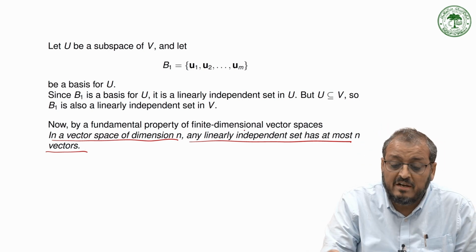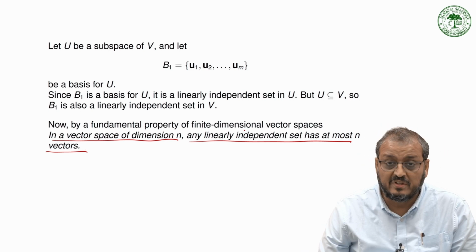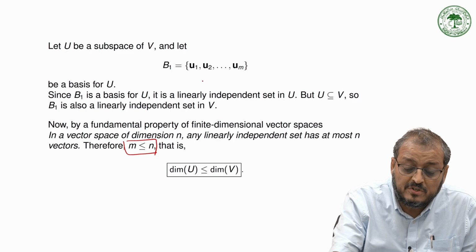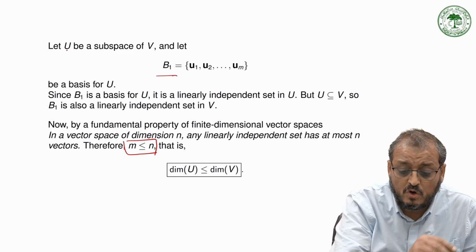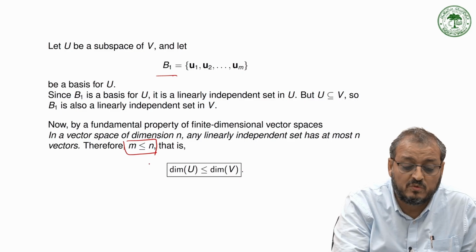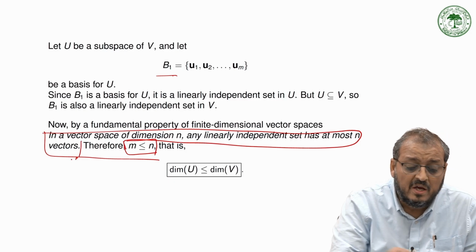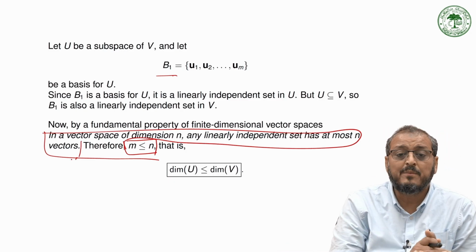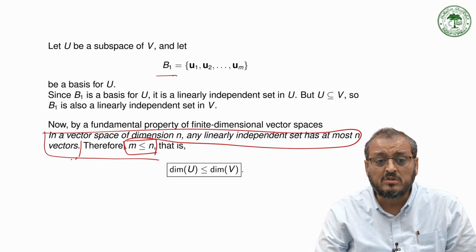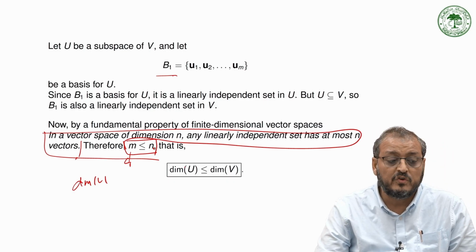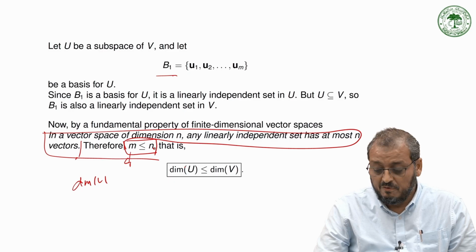So m should be less than or equal to n, where m is the number of elements in B1, which is a basis of U. So the dimension of U should always be less than or equal to the dimension of V. That is, m is the dimension of U and n is the dimension of V, so the dimension of U is less than or equal to the dimension of V.